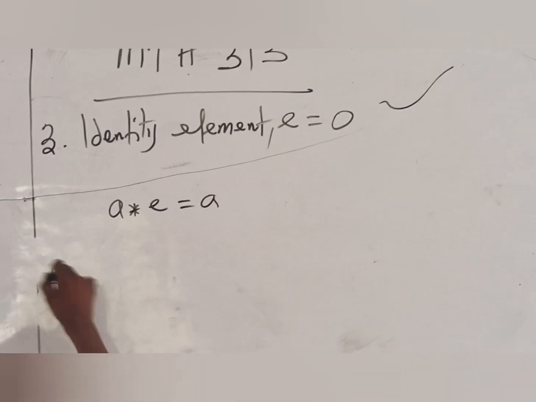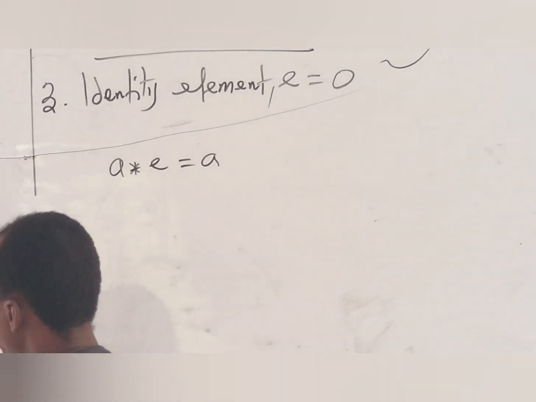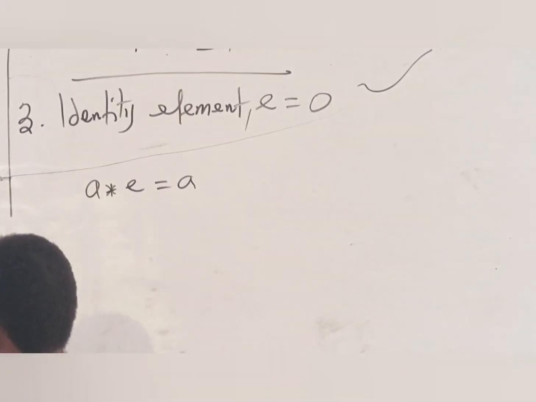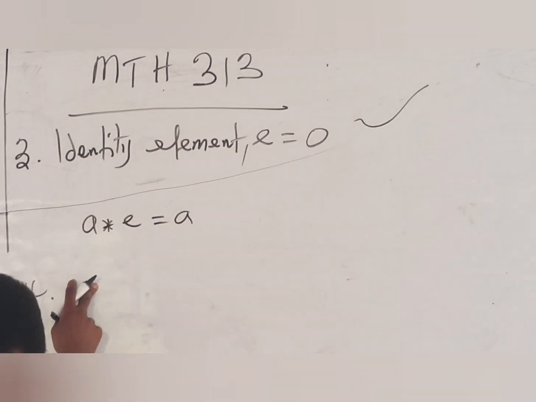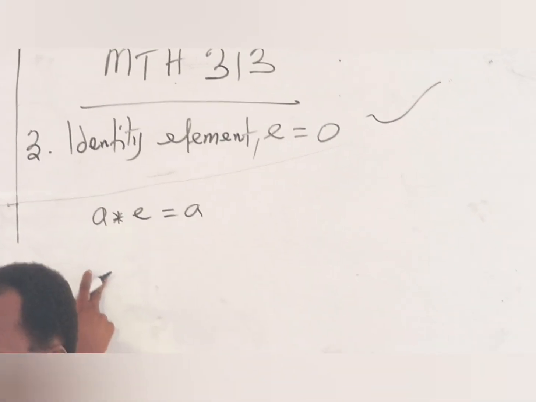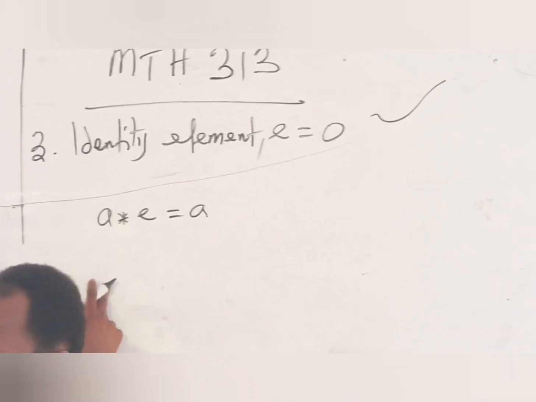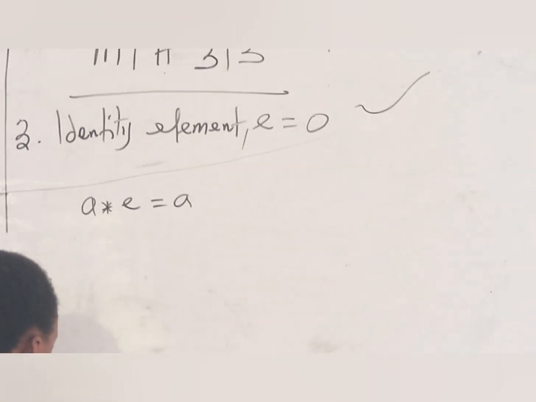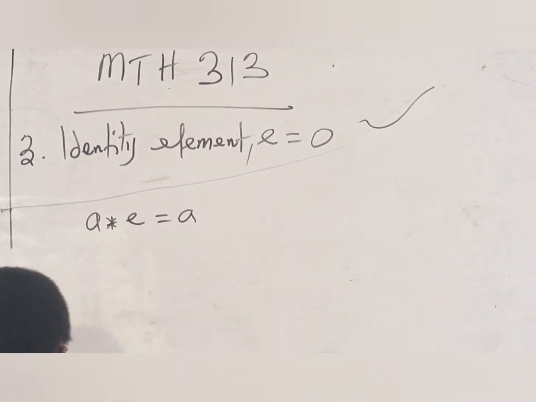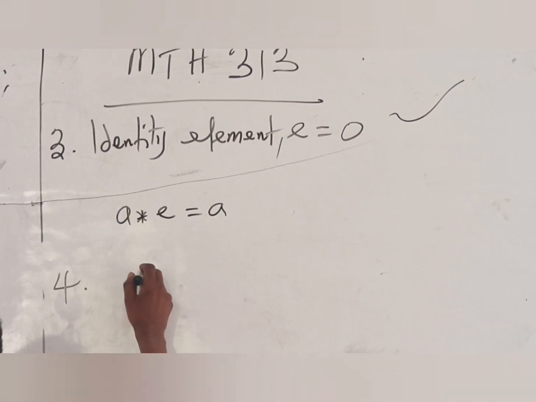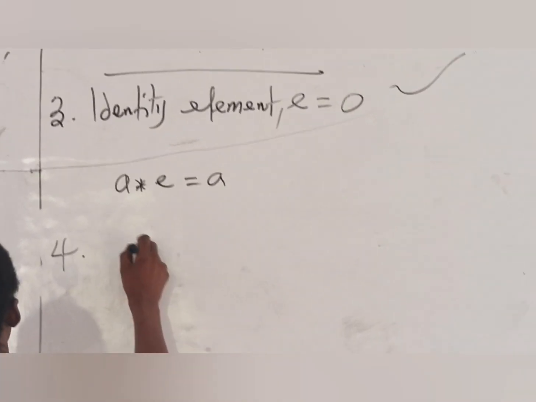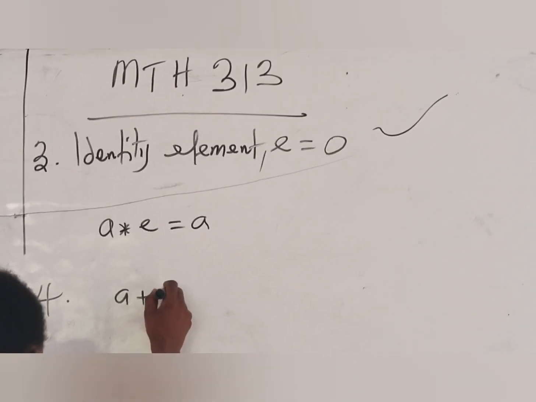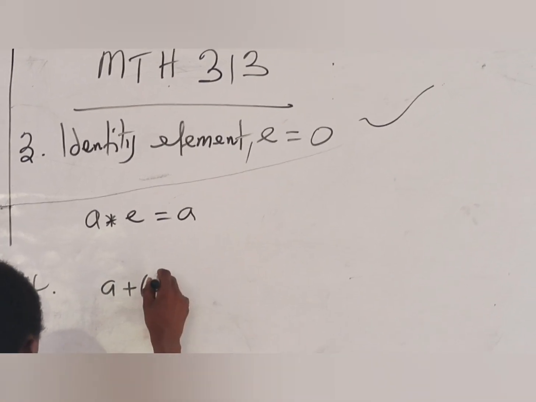Next, every element has an inverse, right? Every element has an inverse. So we have a and we add negative a.